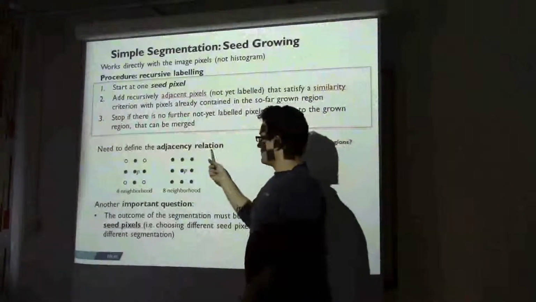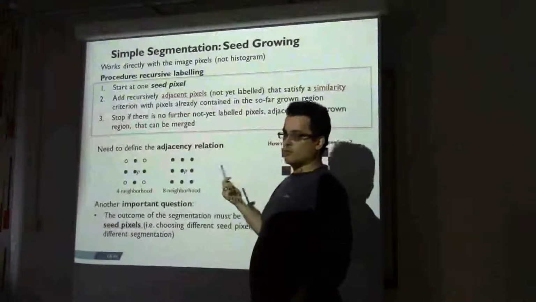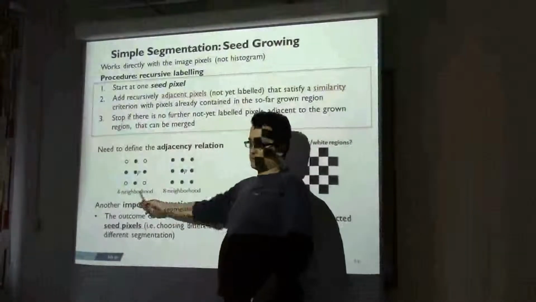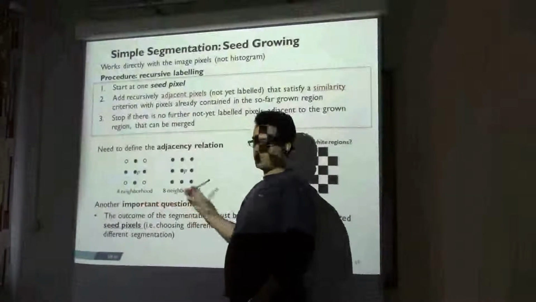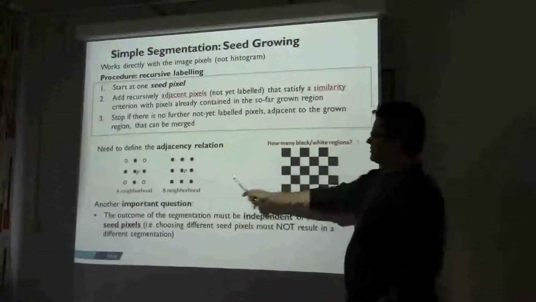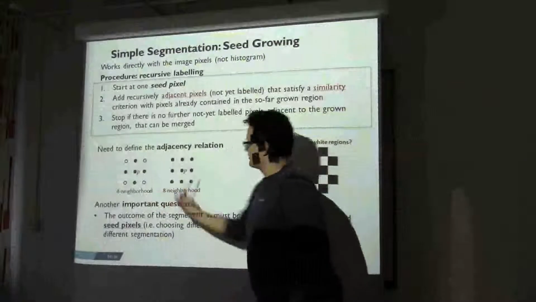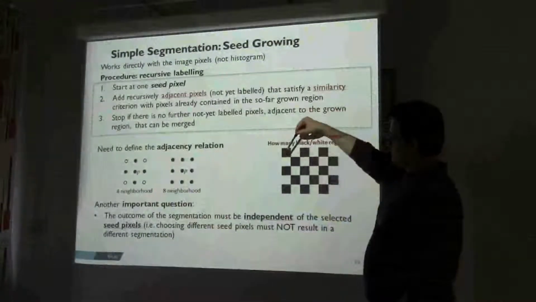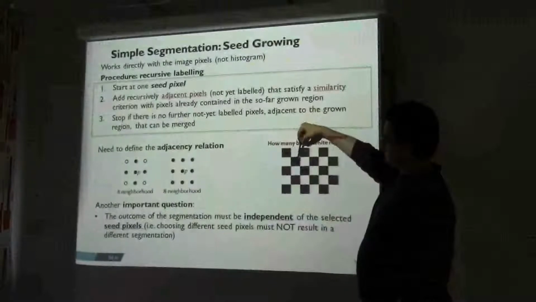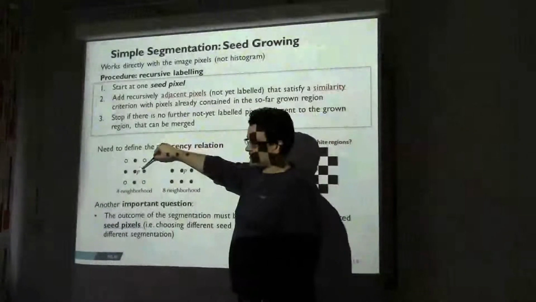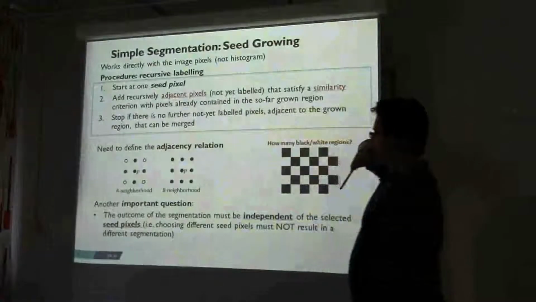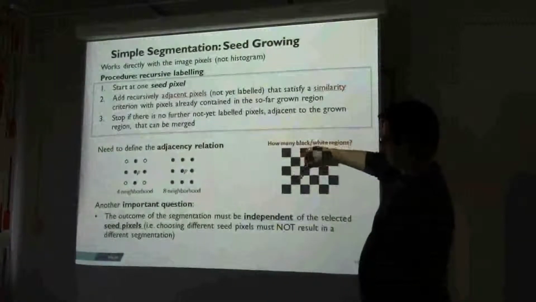And depending on what you consider neighbor pixels, you will get different results. You know these two differences, right? 4 and 8 neighborhood. Depending on which one you are using, you get different results. In this case here, these two pixels are not neighbors if you are using this case. If you are using this kind of relation, all these pixels are neighbors.